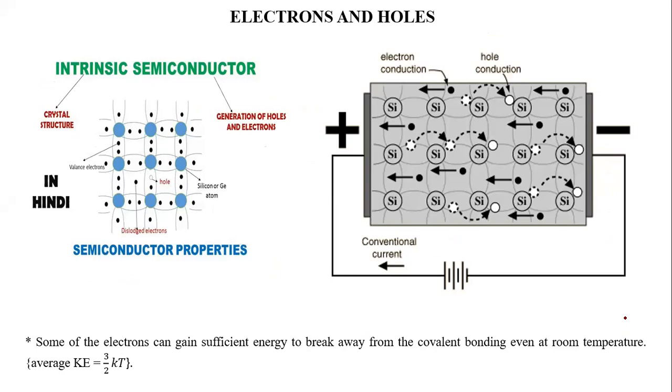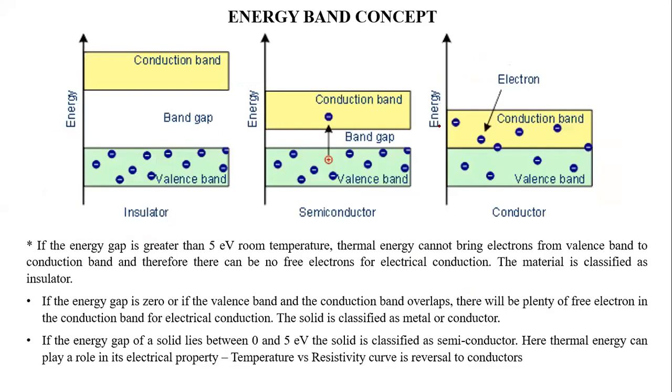the electron conduction here will occur only when the electron is released into the conduction band. When the electron is released into the conduction band, it becomes a free electron. It is not bound to any atom, so it can move freely as if it is a very light particle.